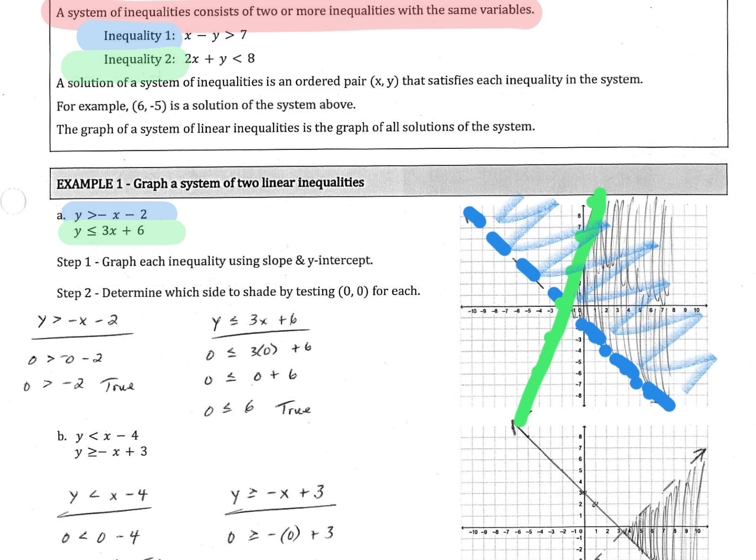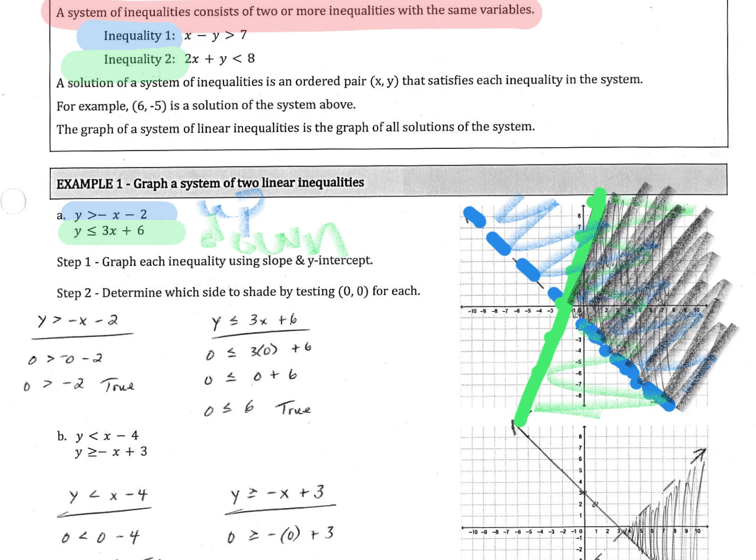We're not going to worry about testing, just think about shading up. The green inequality has a less than, so we're going to shade down. Down would be towards the negative, so that would be on this side. Do you see where our shading overlaps, where the blue and green overlap? That would be inside this whole area. So we're going to darken that whole area. That is the answer to this system of inequalities.